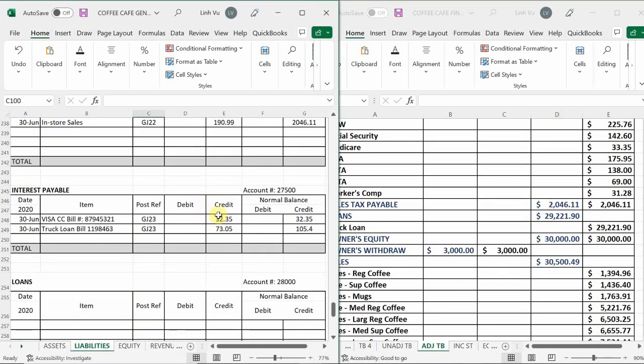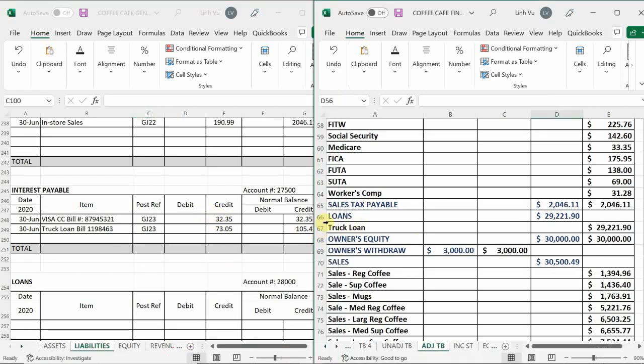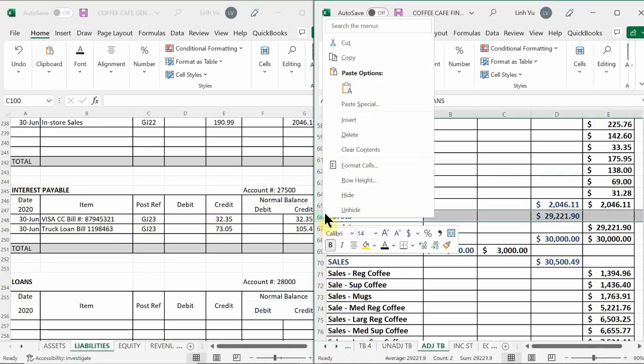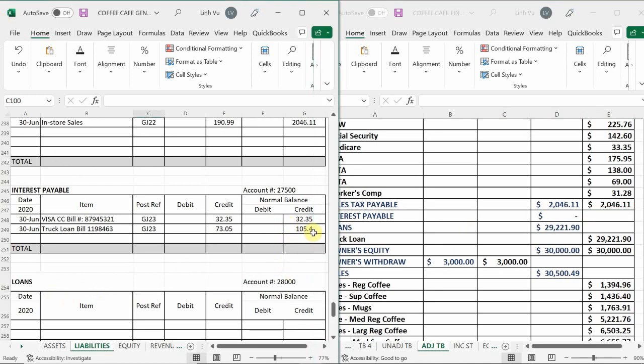Aha, we have interest payable now, so I have to include that as part of my liability. So insert interest payable, which is currently a grand total of $105.40.